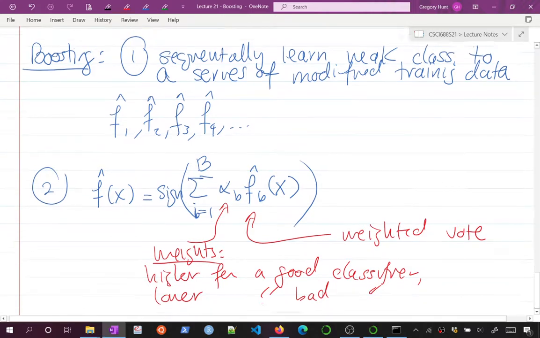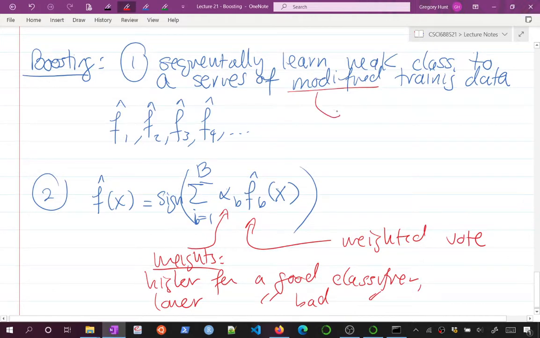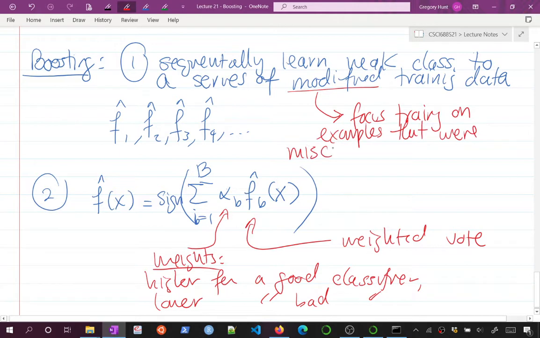And what I'm going to do when I modify these is, at each iteration, modify them to focus training on examples that were misclassified in the previous iteration. So basically I'm going to start with some initial classifier, and classify things.